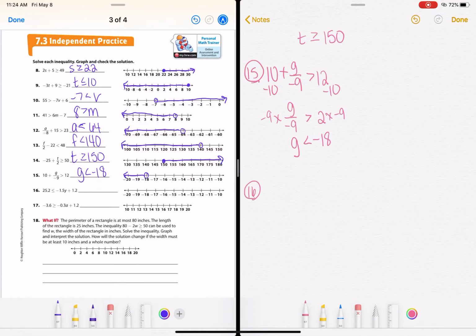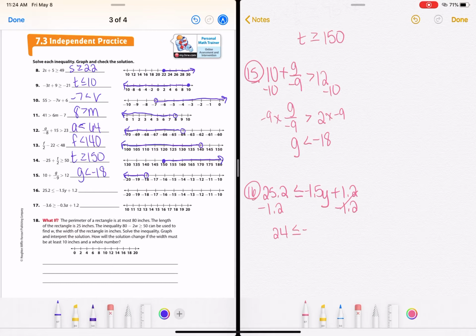Number 16. Now these are decimals, so you still solve the exact same way as you would with whole numbers. So we have 25.2 is less than or equal to negative 1.5y plus 1.2. Subtract 1.2 from both sides. 25.2 minus 1.2 is 24.